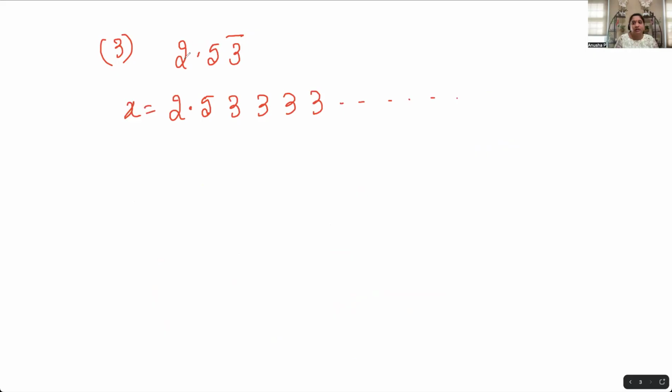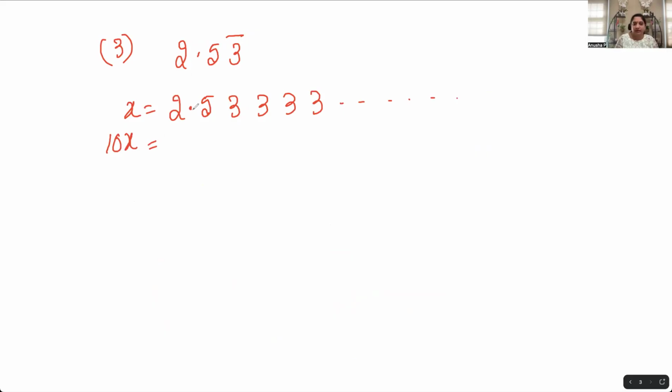The third example, 2.53 bar. 2.53333 repeating, right? X equal to, because only one number is repeating, we can multiply by 10x or we can do 100x. I'll teach you both the methods.